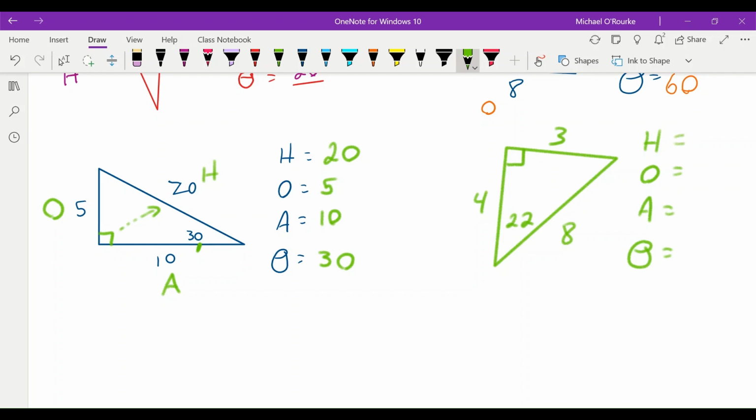Pause it here and I'll let you catch up to me. So now let's label her up. So across is my H. My side that's touching is beside, so that's my A. So it's beside the angle. And this is my O. So I'm going to have 8 over here. My O is 3. My adjacent's 4. And my angle is 22.